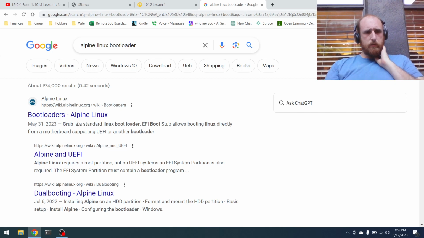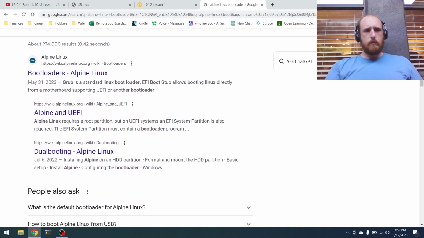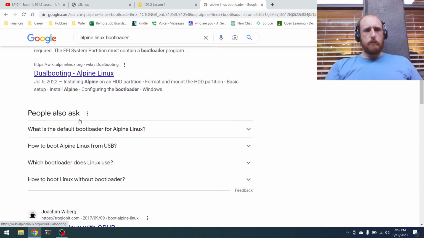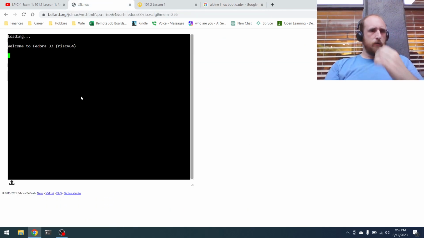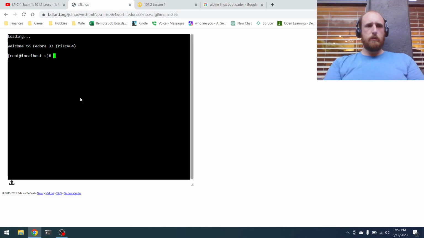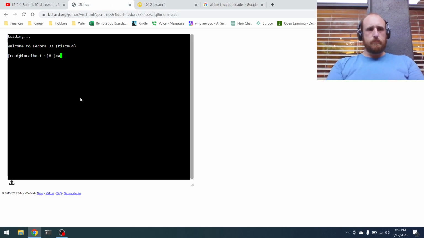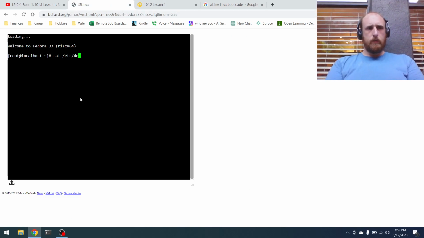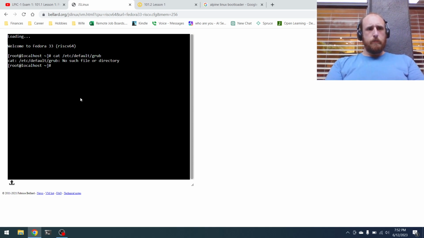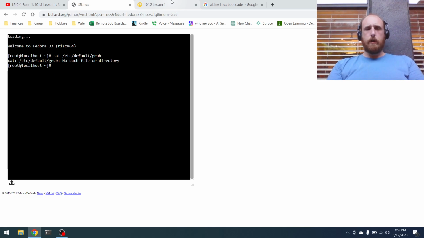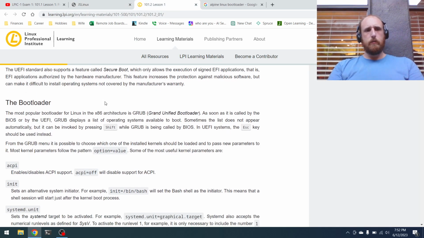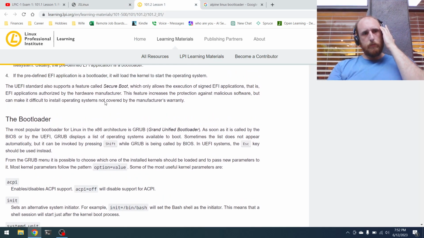Nope, it's saying that it is the standard bootloader. Could be something to do with it being a virtual environment as well. Yeah, it might have to do with that since it's on my home lab. It'll probably show up.